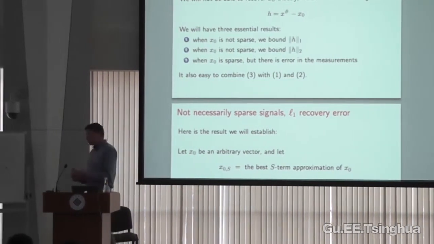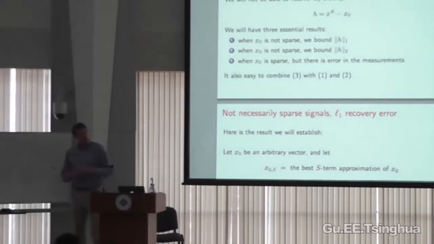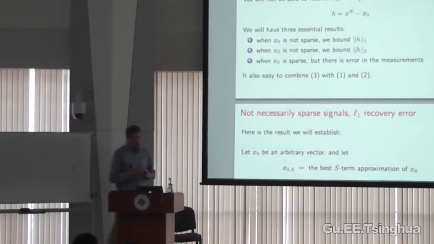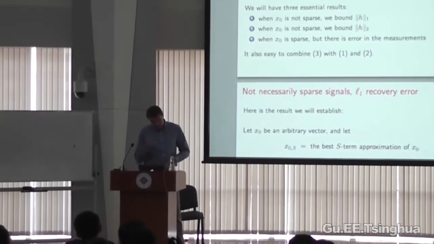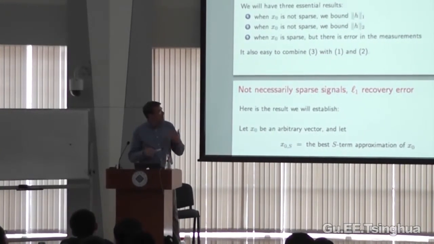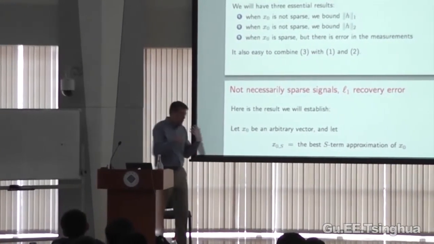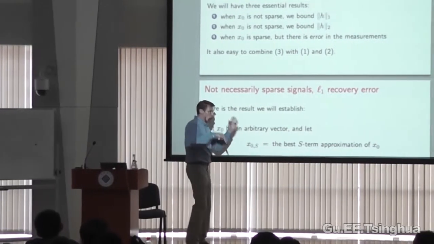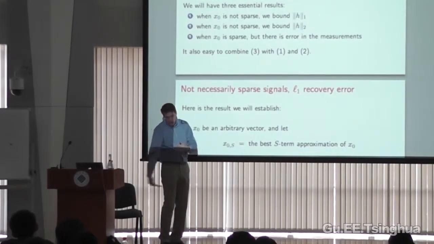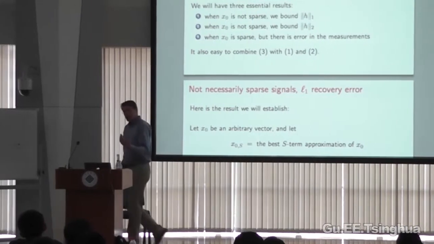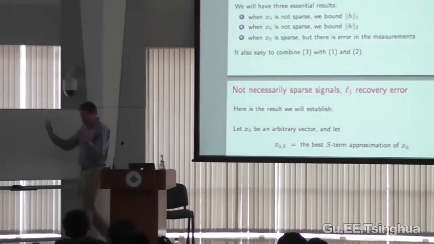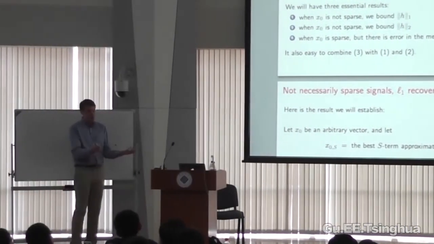Where M plays a role is, the assumption we made was that if this matrix phi had this restricted isometry property for 3s sparse vectors, then all this other stuff was true. So where M comes into play is in actually showing that matrix phi has that restricted isometry property.